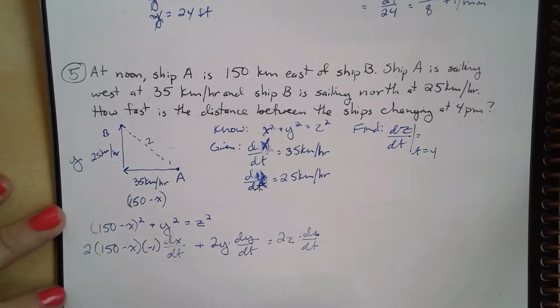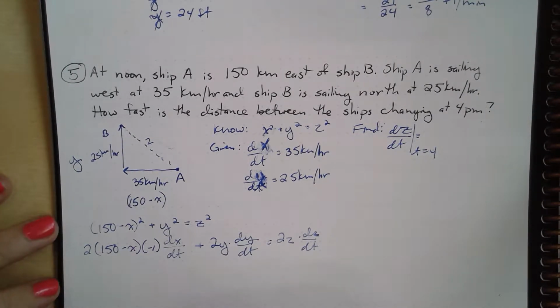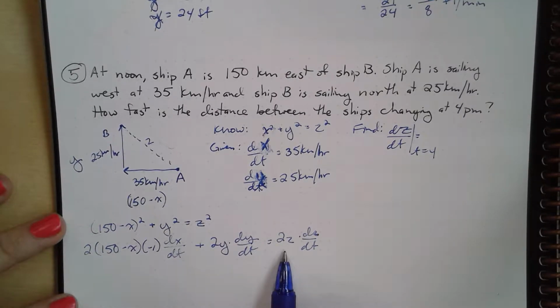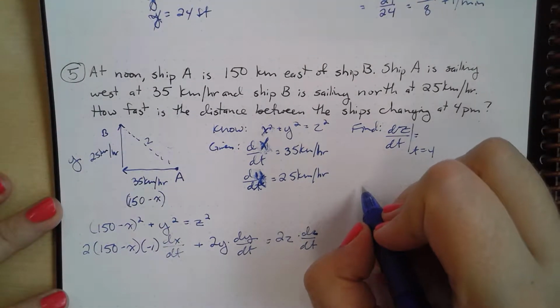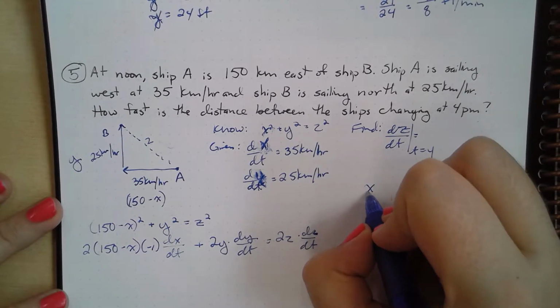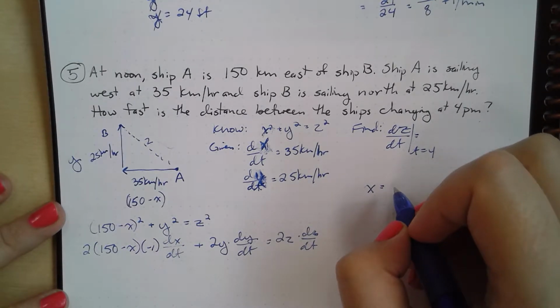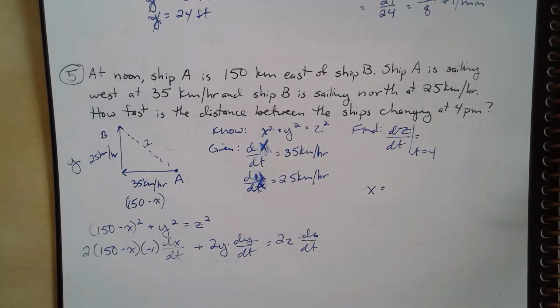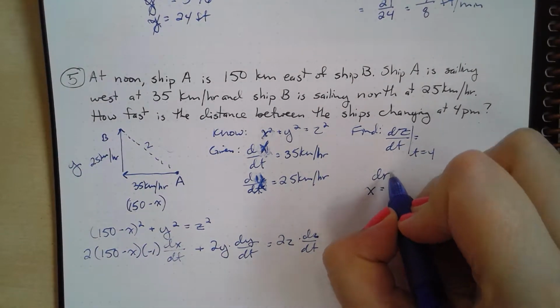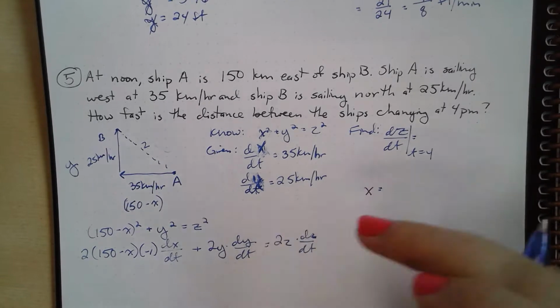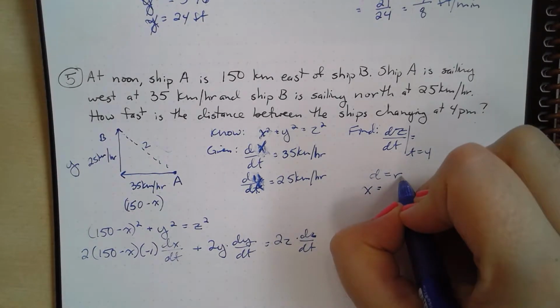All right? Well, we know when t is equal to 4, we need to find our x, our y, and our z. Before I dive into that, we know that distance is equal to rate times time, right?